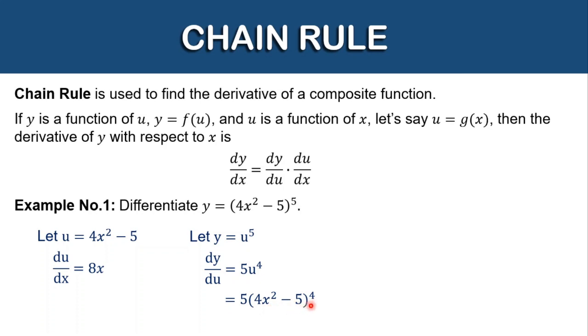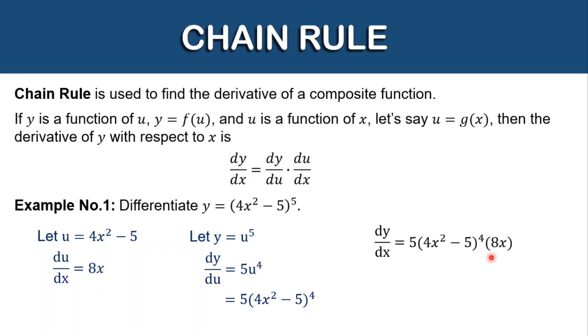Ngayon, kompleto na yung dy over du natin, tsaka du over dx. So substitute natin dito sa ating formula. We have dy over dx is equal to, ang dy over du natin ay ito, yan, multiplied by du over dx, which is 8x.